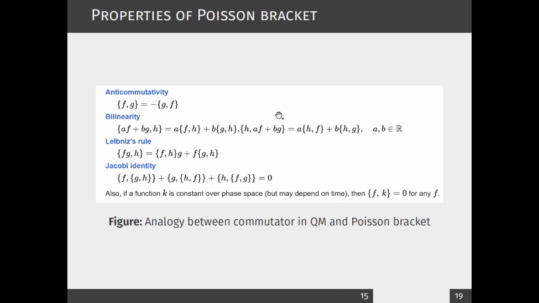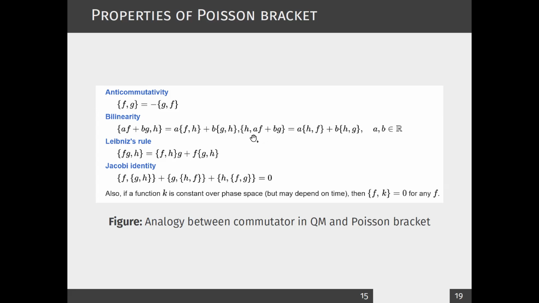Before going further, we observe certain properties of the Poisson bracket. This is fg minus gf, so there's anticommutativity, obviously. There is certain bilinearity, so we have a linear combination of f and g operators, with a and b, and you have simply such expressions as over here.